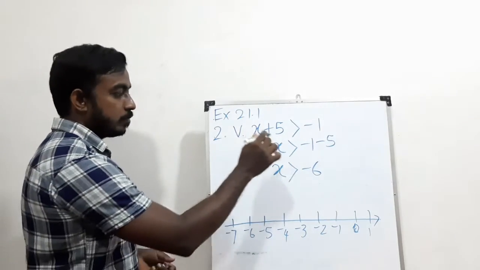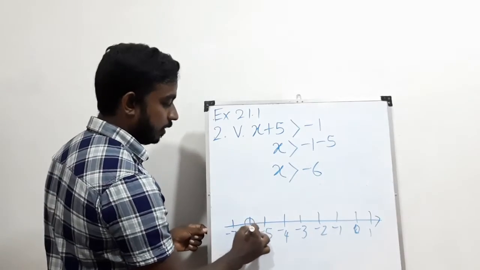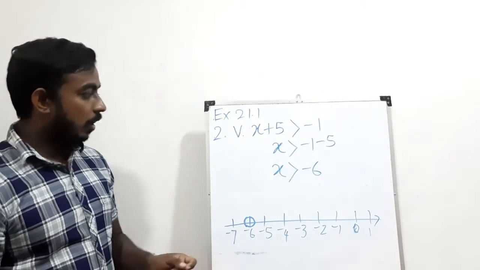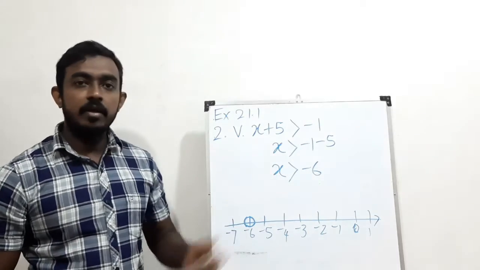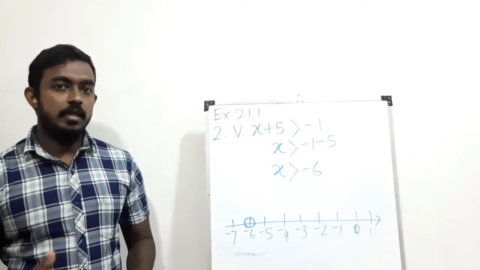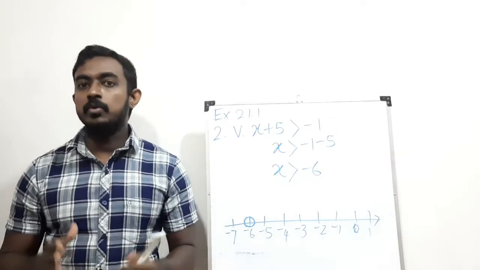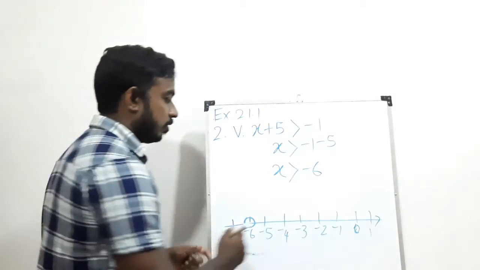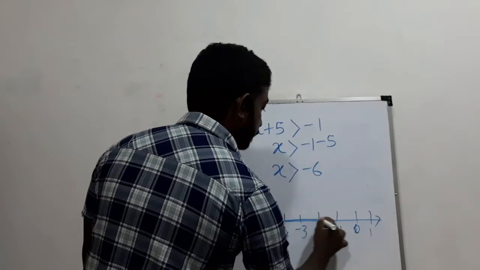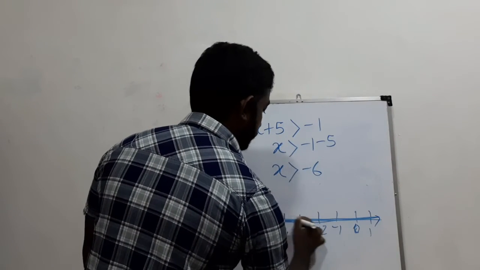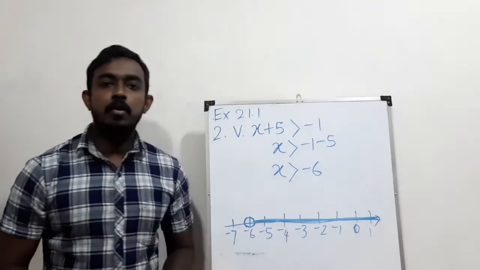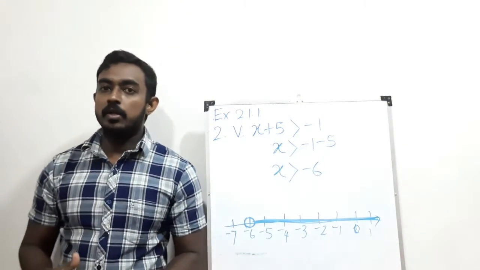Therefore we have to find minus 6 and circle it. Now x is greater than minus 6 means you know the greater values are on to the right side. So we can shade the right side of the number line like this. Then this is how to represent an inequality on a number line.